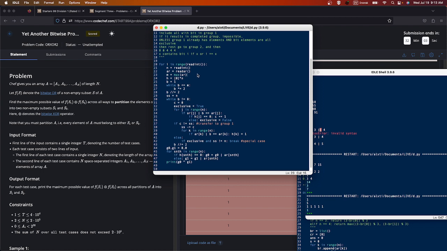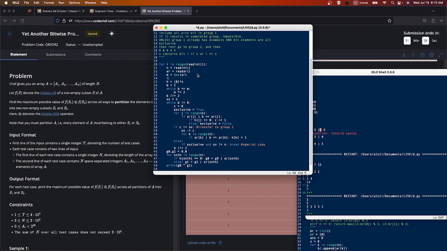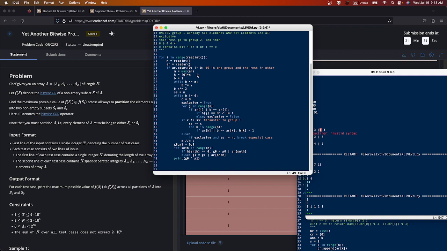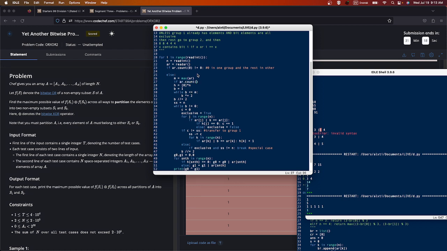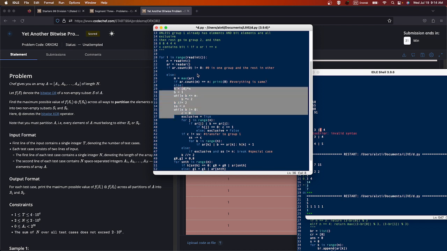Okay, so we have to take 2 more into consideration. If AR.count(0) is not equal to 0... if everything's the same, I mean, we're also screwed.